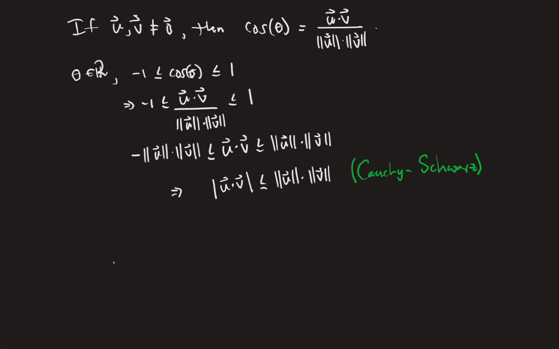I'm not going to assume any particular or special relationship between these two vectors, but let's say this is u, and this is v, and now I want to look at the vector u plus v.